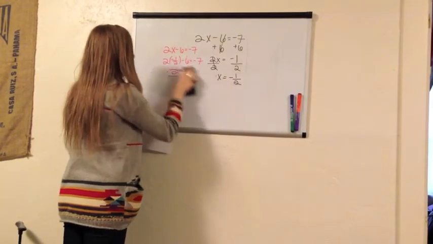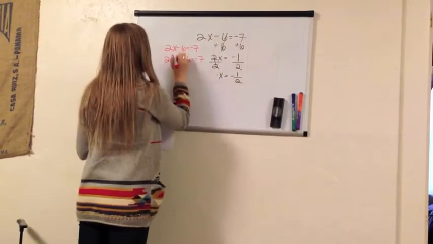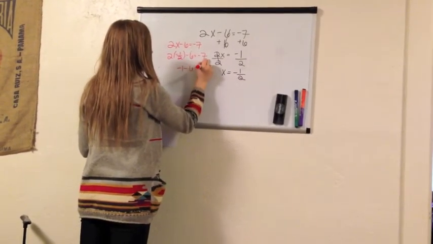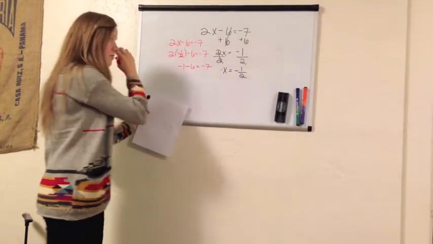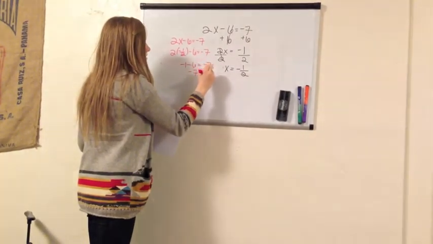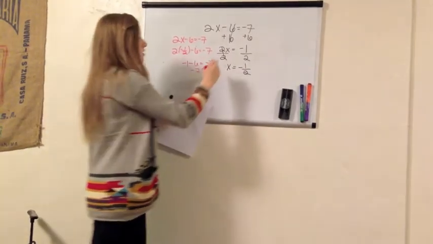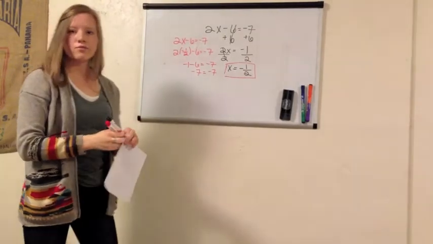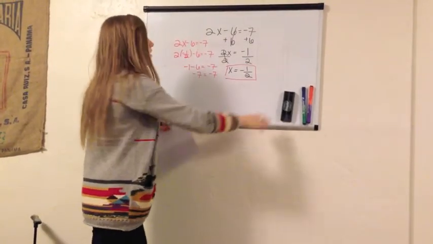Negative 1, that's what that is. Negative 1 minus 6 equals negative 7. So negative 1 minus 6, that gives us negative 7, right? Equals negative 7. So that checks out. So our answer is indeed that x equals negative 1/2. All right.